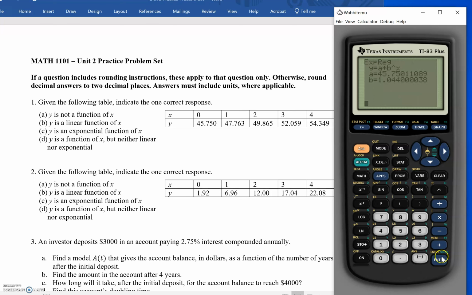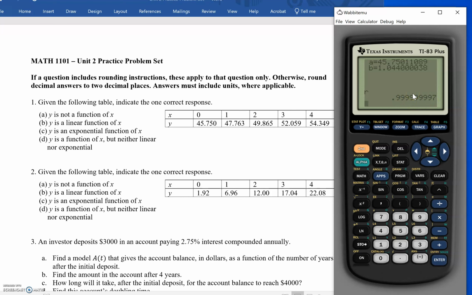And what I'm looking to see is I'm going to actually look at the correlation coefficient. So I'm going to go to vars, statistics, equation, and go to number 7, and look at my correlation coefficient. So while yes, that's not exactly 1, this would round to 1 within, what is that? 1, 2, 3, 7 or 8 digits worth.